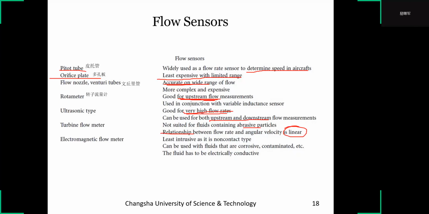Electromagnetic flow meter is non-intrusive as it is a non-contact type. It can be used with fluids that are corrosive or contaminated.